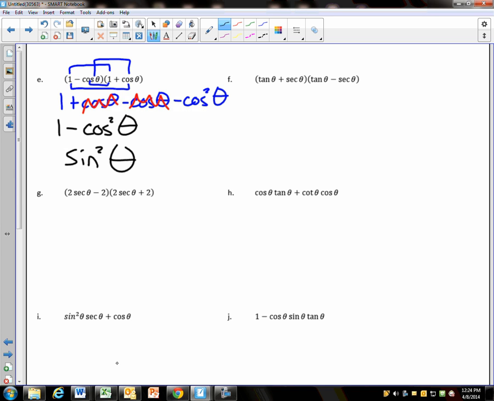And when you change the ending of a binomial in mathematics and you multiply together, the middles will cancel. So if you see something like this, you don't have to quite multiply everything out. You can realize the middles are going to cancel. You're just going to get tangent times tangent, which is tangent squared. And then you're going to get secant times negative secant, which is negative secant squared. So if you see that they are conjugates, don't worry about the middles. They go away.